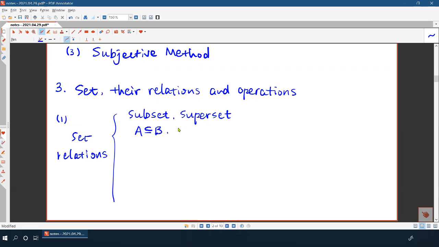A is a subset of B, right? And this is A is a proper subset of B. And if B is a superset of A, B is a proper superset of A. We use these symbols to denote subsets and supersets.